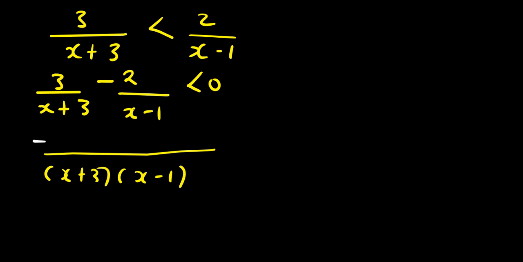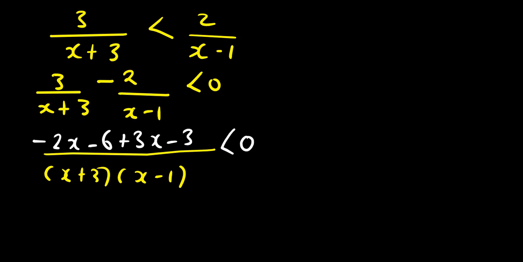So you have negative 2x minus 6. Then the next thing is this one multiplied by that, so you have positive 3x minus 3. This should be less than 0, like that.